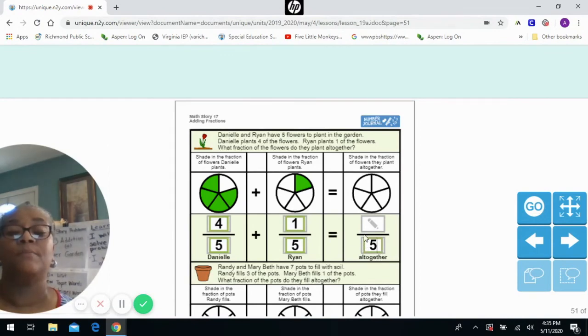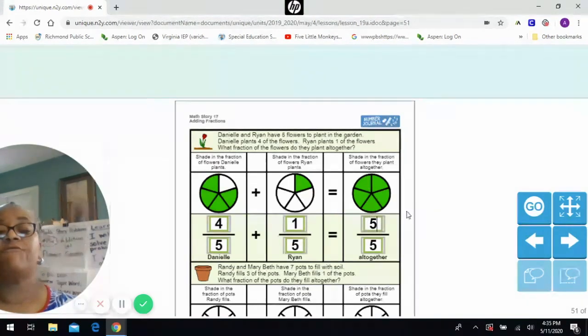So we've done that. So now we have 4 plus 1. 1, 2, 3, 4, and what is it? 5. All righty, so let's count. Let's color it in. 1, 2, 3, 4, and what? 5. And the number is 5.